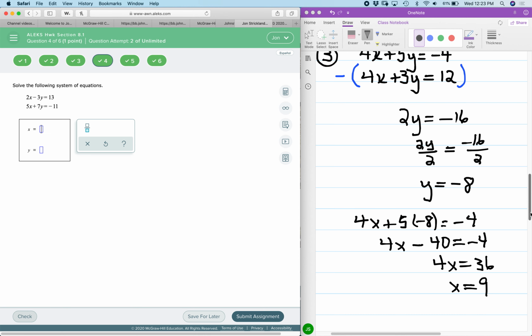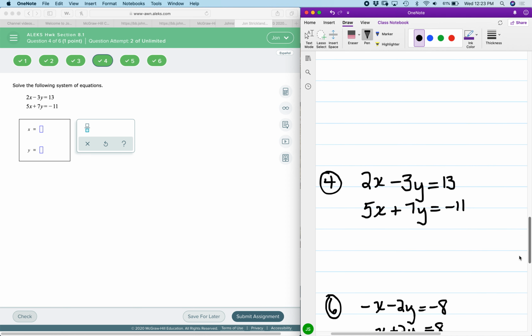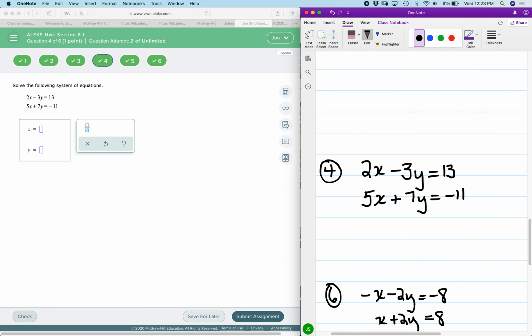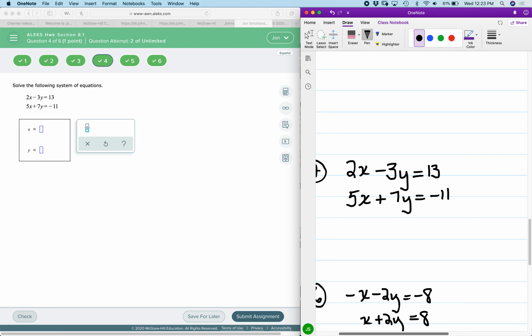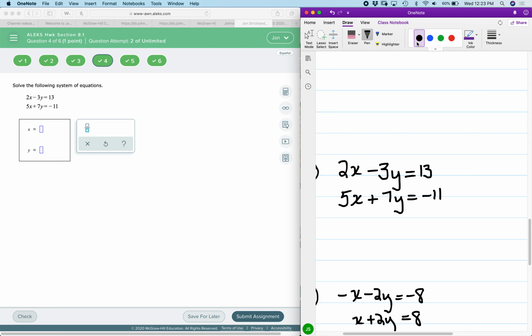In the case of number 4, we have a system of equations where we have 2x minus 3y is equal to 13, and 5x plus 7y is equal to negative 11. Now I don't have identical terms in x or y, but we can take multiples of the first and second equations where we can cancel out one set of terms and solve for the other.